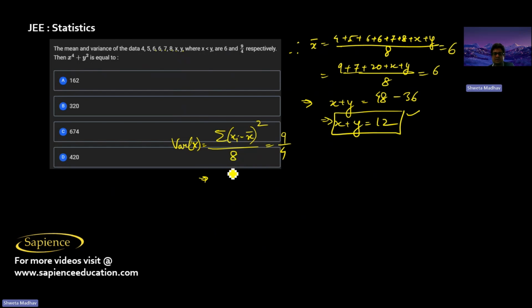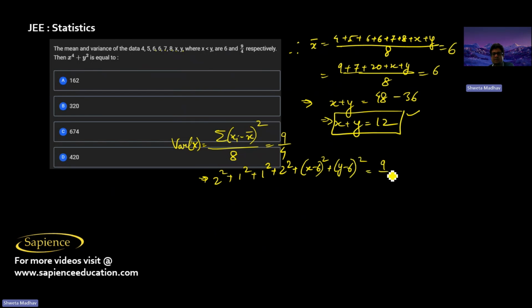So summation: 4 minus 6 whole square, 5 minus 6 whole square, 6 minus 6 is 0, 6 minus 6 is 0, 7 minus 6 square, 8 minus 6 square, plus x minus 6 square plus y minus 6 whole square, divided by 8.